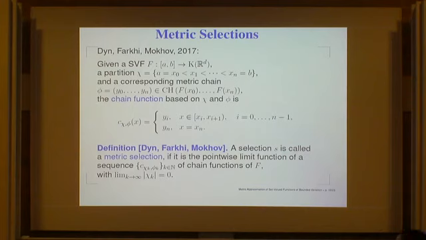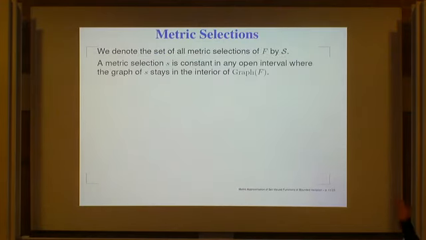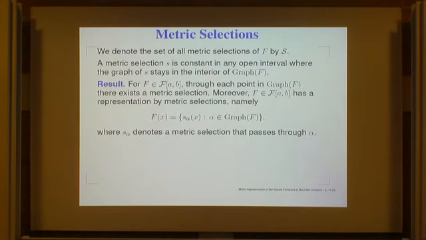We just proved that the set of metric selections also has a nice property, that the pointwise limit of metric selections is also a metric selection. This is what I told you, that the metric selection is constant in any open interval where the graph of S stays in the interior of the graph.